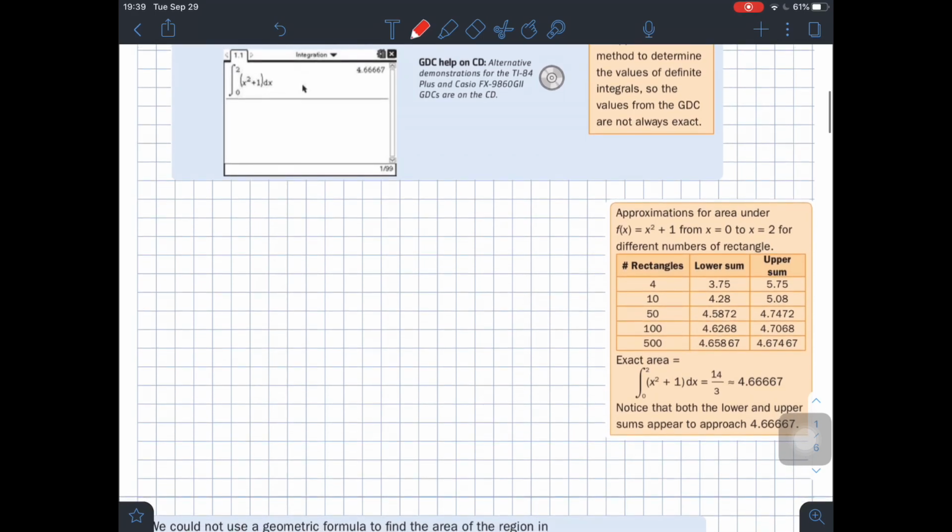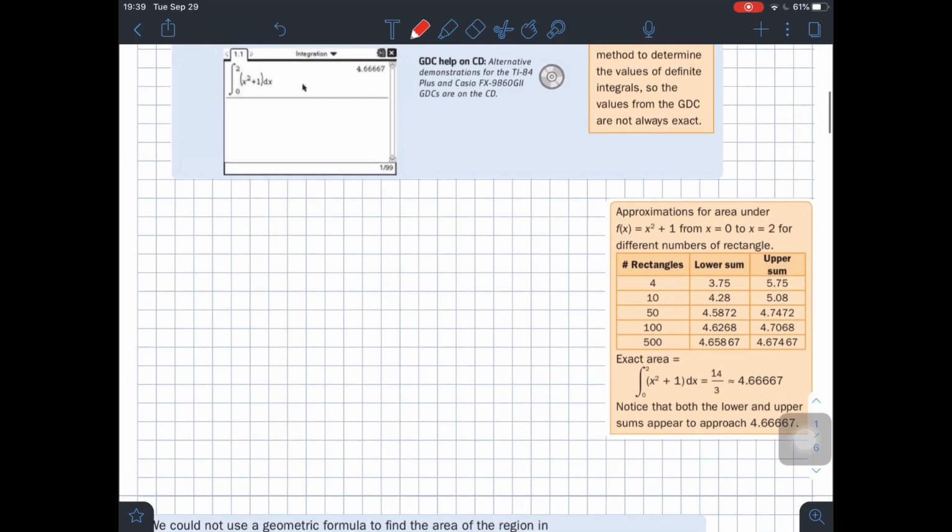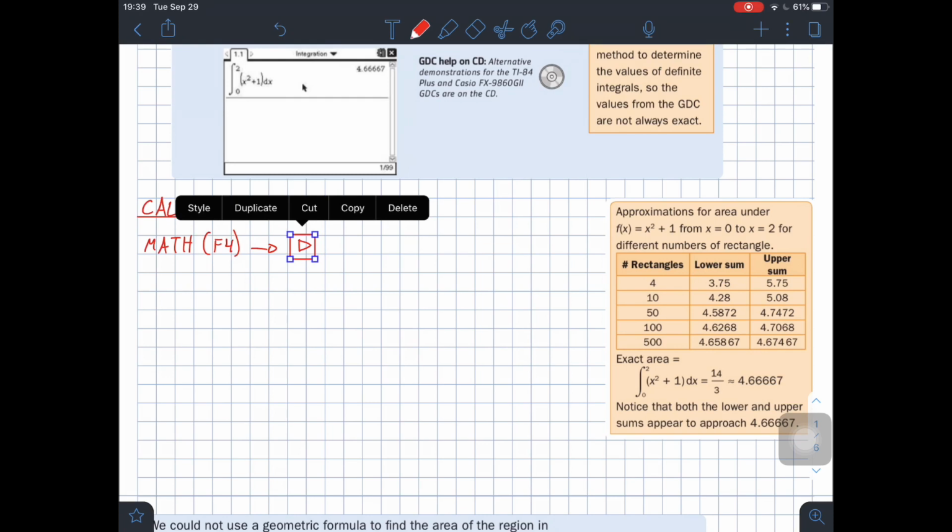Let me write some steps that you will need to follow in order to find the definite integral using the calculator. You're going to press the button that says math, which is F4. Then you're going to click on the small arrow, which is F6, I think.